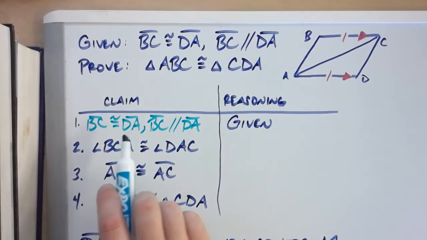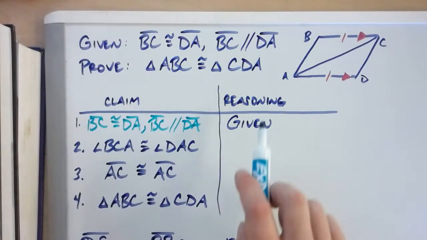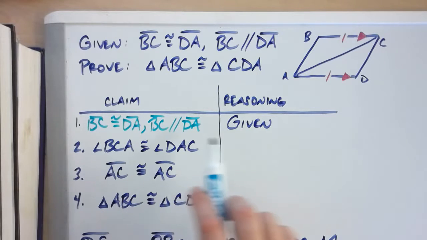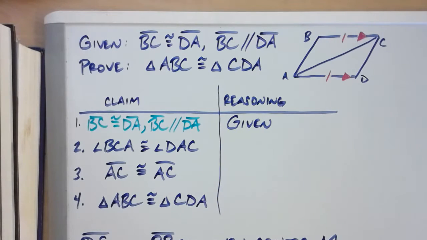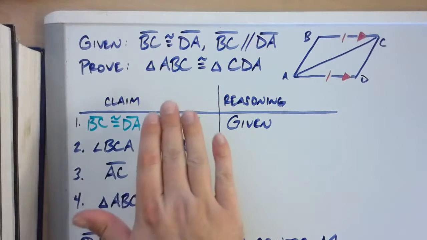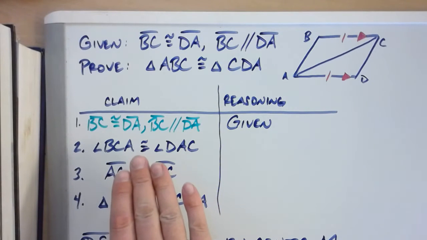Where did that come from? That's just a copy and paste from up here. What's my reason for why that's true? It's given. I can only start any argument with whatever I have to be given. I can't speculate on anything, basically. So something in this is going to lead me to this second claim.